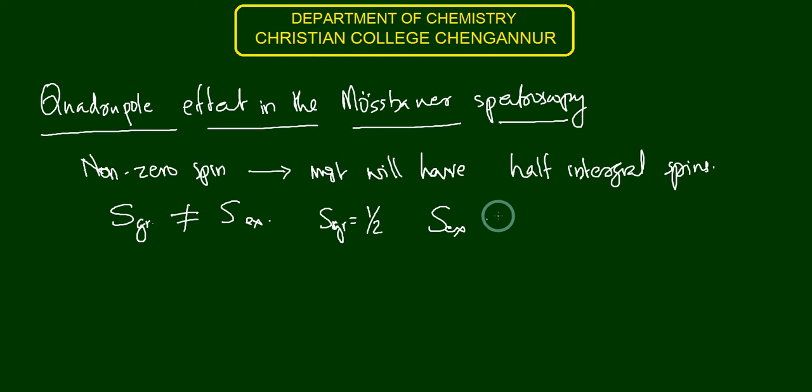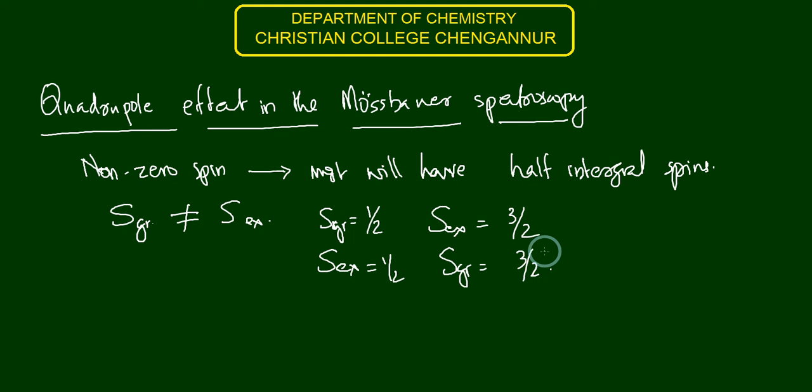If we are considering only half-integral spins, it should be at least 3 by 2. And in reverse, if the excited state nucleus spin is half, then the ground state nucleus spin should be at least 3 by 2 in the majority of cases.